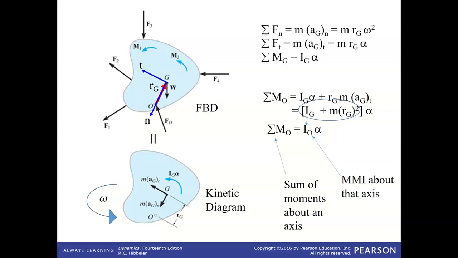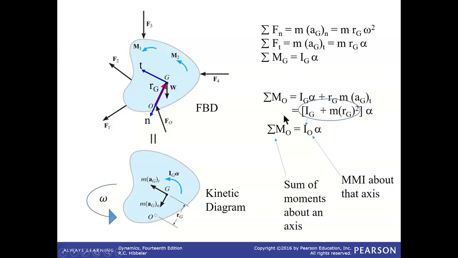Okay, so now for a rigid body in pure rotation, we have three different equations. One is the sum of forces in the normal direction, second is the sum of forces in the tangential direction, and the third equation is either sigma MG is equal to IG alpha. Use this equation only when the rigid body is being rotated about its center of mass.